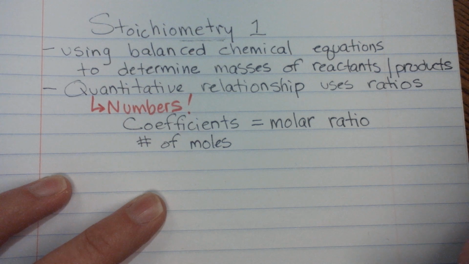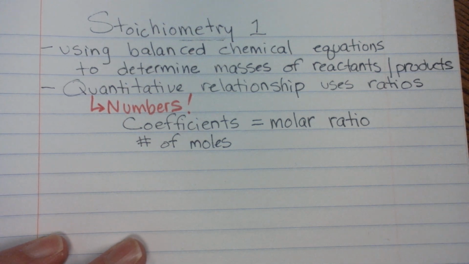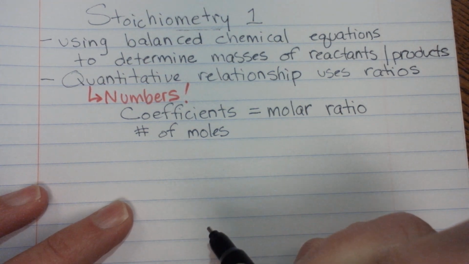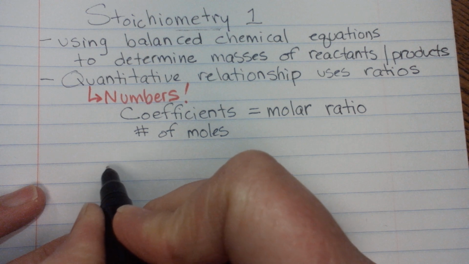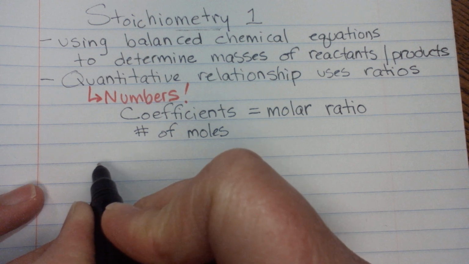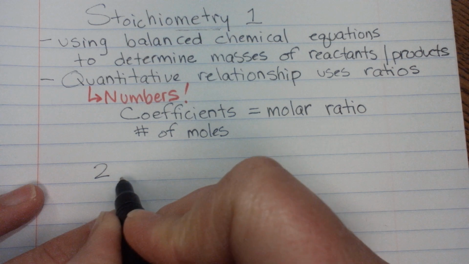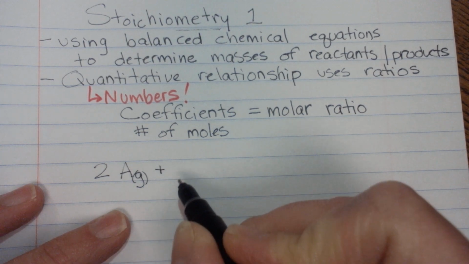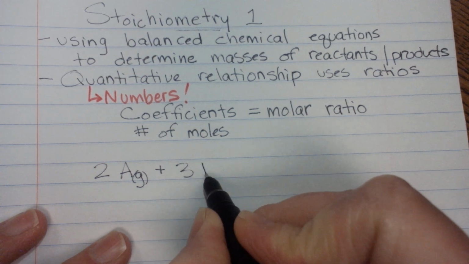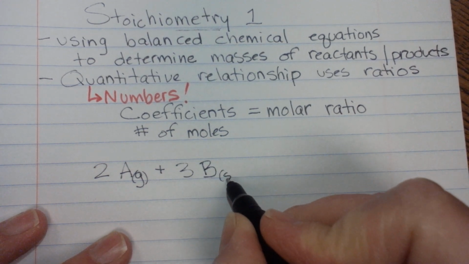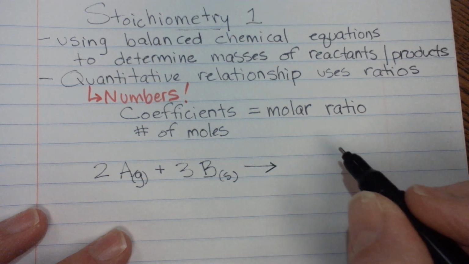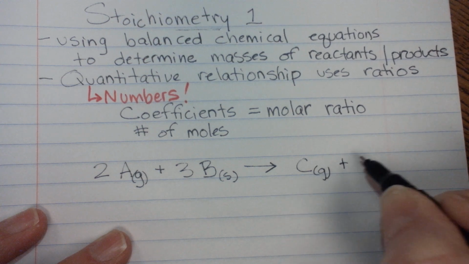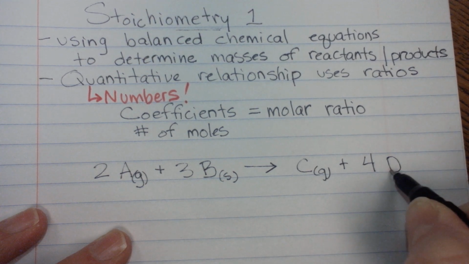Alright. So let's look at a completely generic and made up equation, and we'll kind of talk about it. So if we have 2 moles of some compound, and it's a gas, and we have 3 moles of another compound that's a solid, they're going to make completely something other compound that's a gas, and something other that might be aqueous.